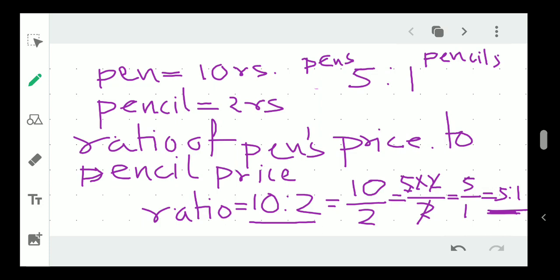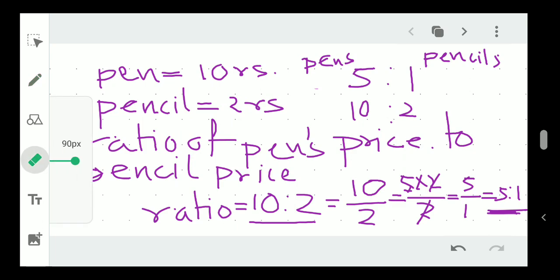That means if the pencil's price is 1, then the pen's price will be 5. So if the pencil's price is 2, then the pen's price will be 5 times of that, that is 10. So that's why it is 2 and this is 10 also. Okay.